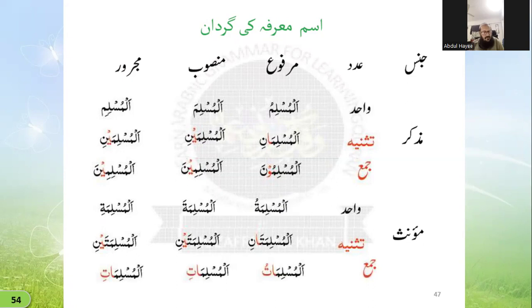Plural, al-muslimatu, al-muslimati. So 9 masculine, 9 feminine: 18 nakira, 18 ma'rifa, how many? 36. If an ism has both masculine and feminine forms, its shapes will be 36.